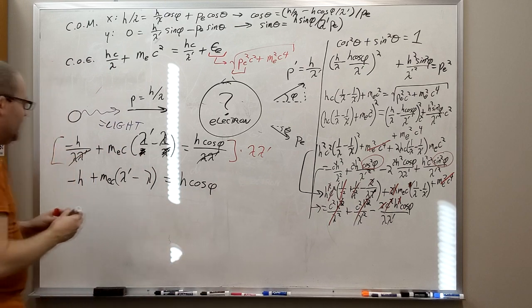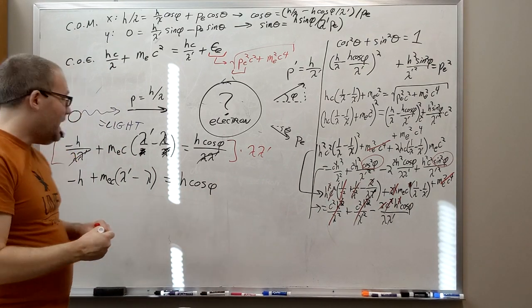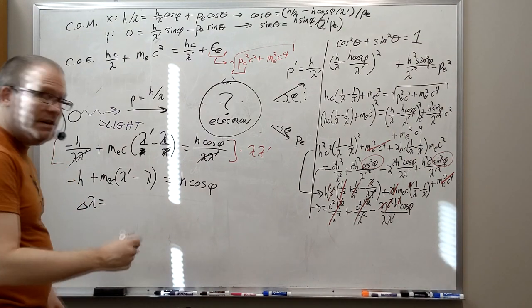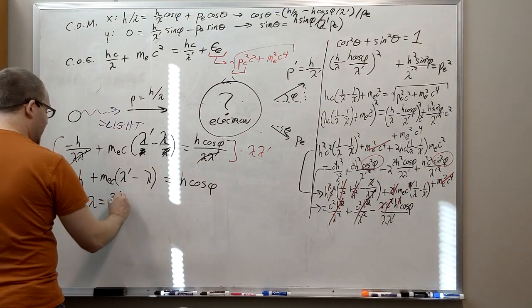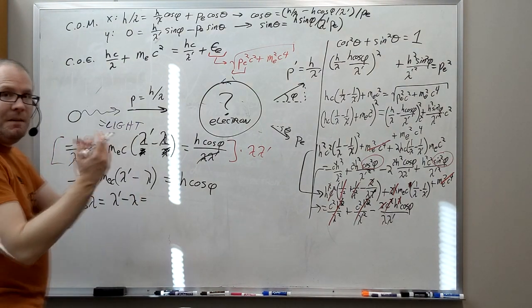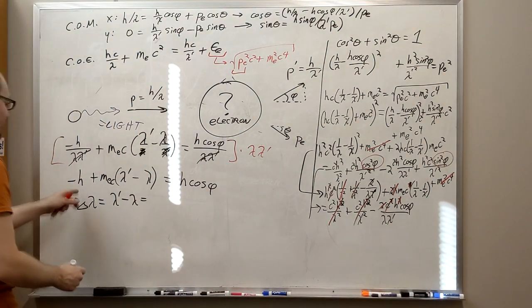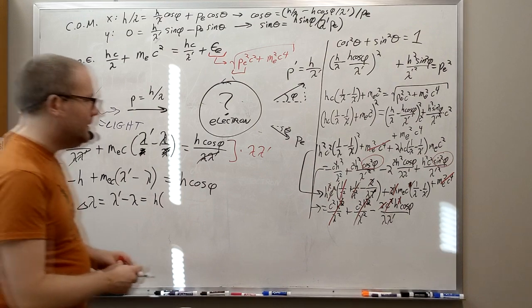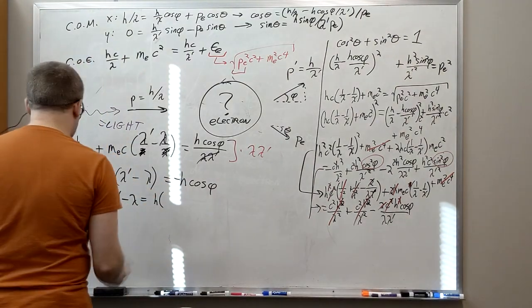So if I want to think of this in terms of the change in lambda, right? Change in lambda, meaning my final one minus my initial one. How much does the wavelength change by? I'll get an h. I missed a minus sign on this guy. Thank you.